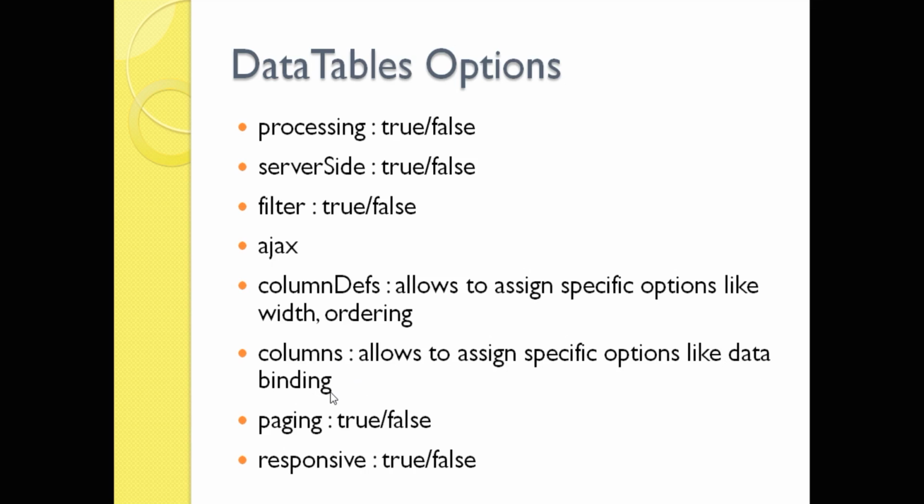We are studying server-side processing in jQuery data table, so whatever data came from the server side, we need to bind it to the column. The name I mentioned for that particular column on the server side, I have to specify in the data table options. For that purpose we use the columns option.